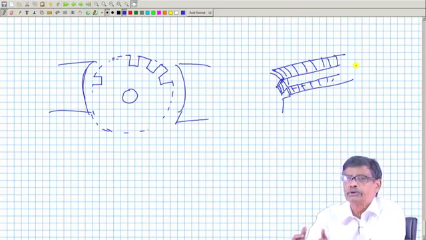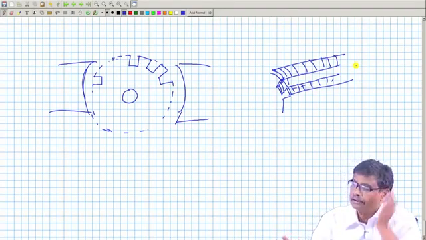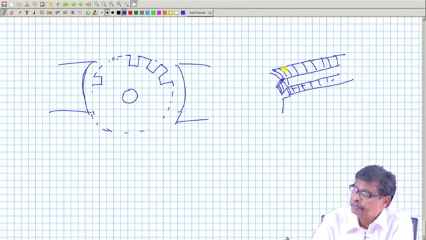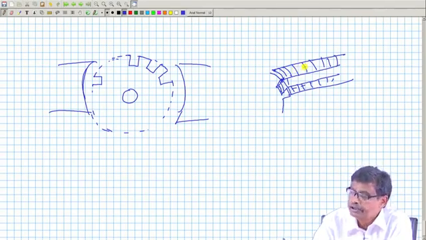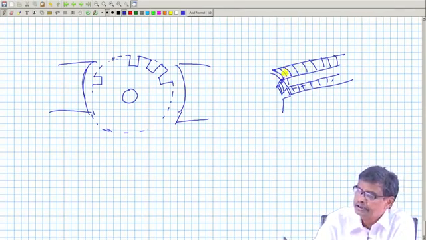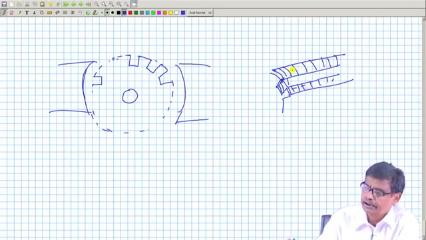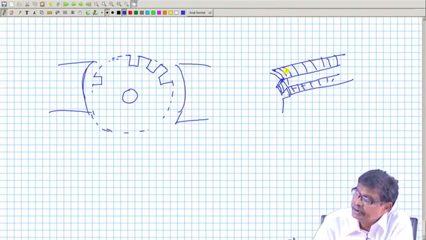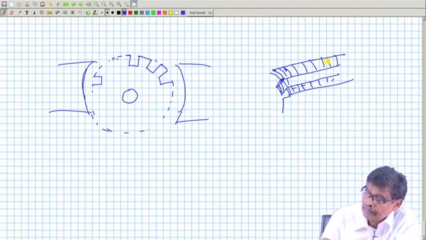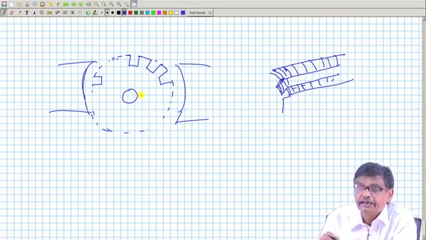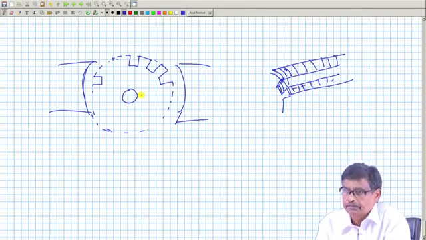Several plates stacked together, and each plate of course must be electrically insulated from the neighboring plates, so that each plate has its own electrical identity, and eddy current paths will now be reduced. These are a few millimeters. So, there will be eddy current loss taking place in the armature.